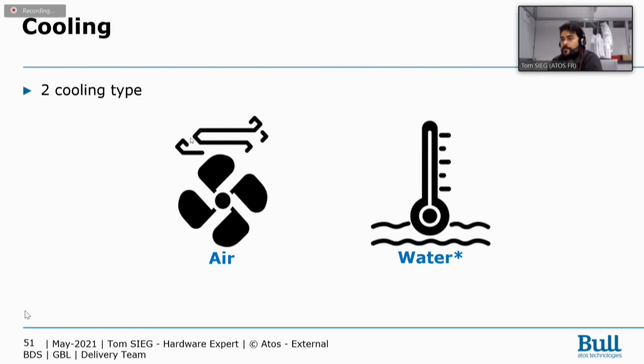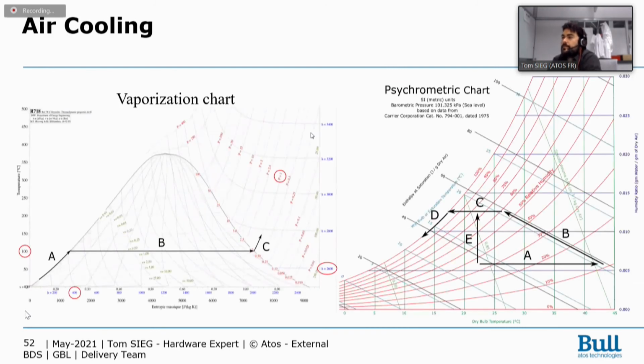But in all cases, there are two solutions: air or water to evacuate your heat production. And more complicated, two charts to manage it: vaporization charts and psychrometric charts. It's a little complex.